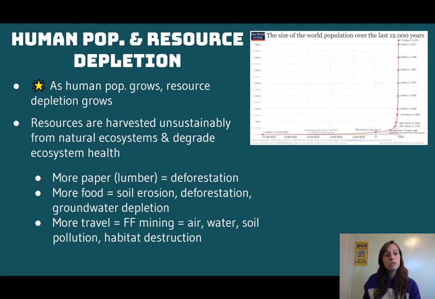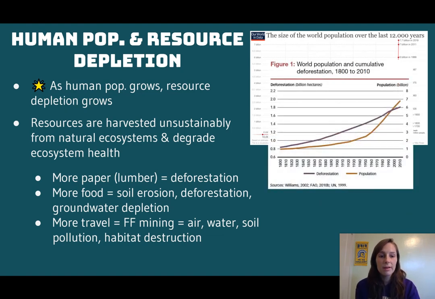When we need more food to feed all these people, it's going to lead to soil erosion, deforestation, groundwater depletion. When we are doing more traveling, this is where we're going to need more fossil fuels mined. It's going to lead to air, water, soil pollution, and habitat destruction because mining is disruptive, but then also the combustion of those fossil fuels emitting carbon dioxide into the atmosphere like we just talked about.